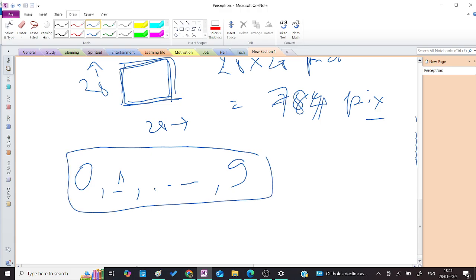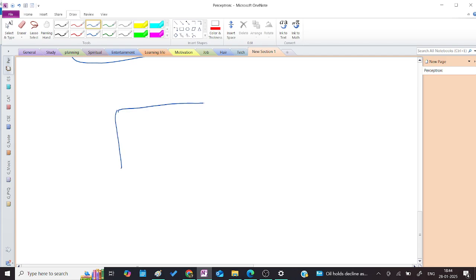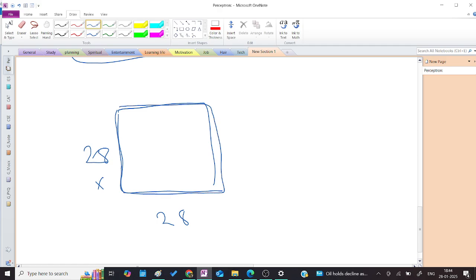Each image will have 28 cross 28 pixels, and in this image there will be one handwritten digit that will be either 0, 1, 2 up to 9. For example, let us consider it is a 7.